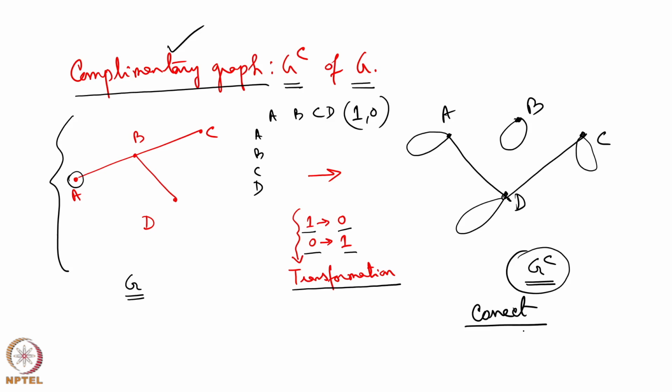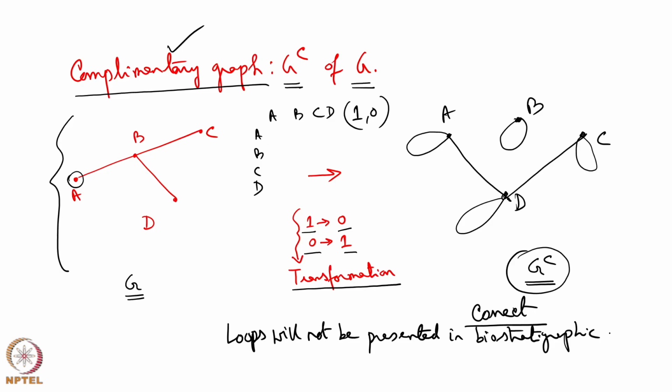However, note that in biostratigraphy we will come across the complementary graph where these loops will be ignored. Loops will not be presented in the biostratigraphic graph.